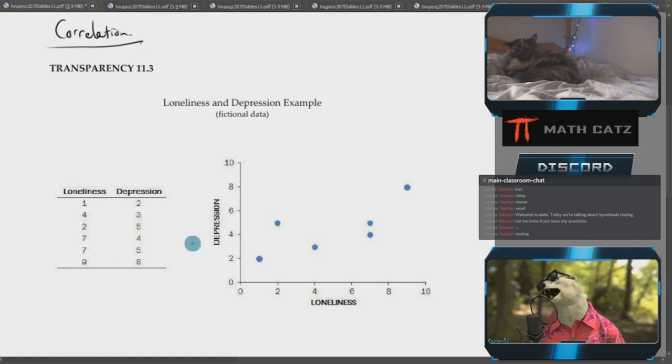First, to visualize the information, we can have a little scatter plot graph here where, for example, we put loneliness on the horizontal axis, depression on the vertical axis, and then we see here this loneliness of 1, depression of 2 is that one, for example. And then we can make a dot for each of these sample values. And if we have a lot, sometimes, we might visually see that they form some sort of line.